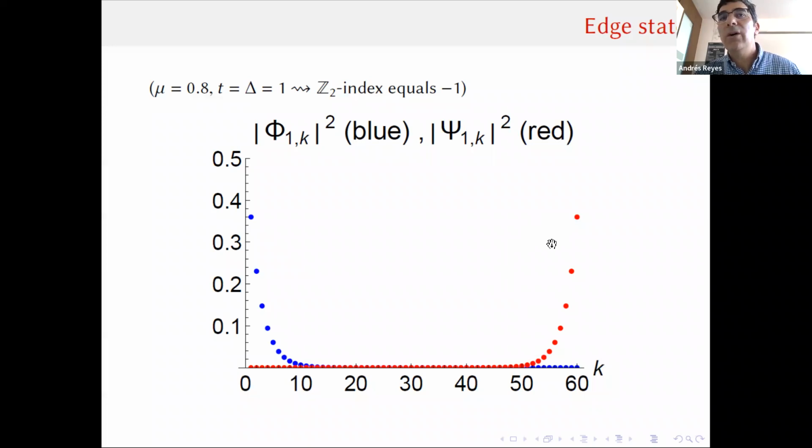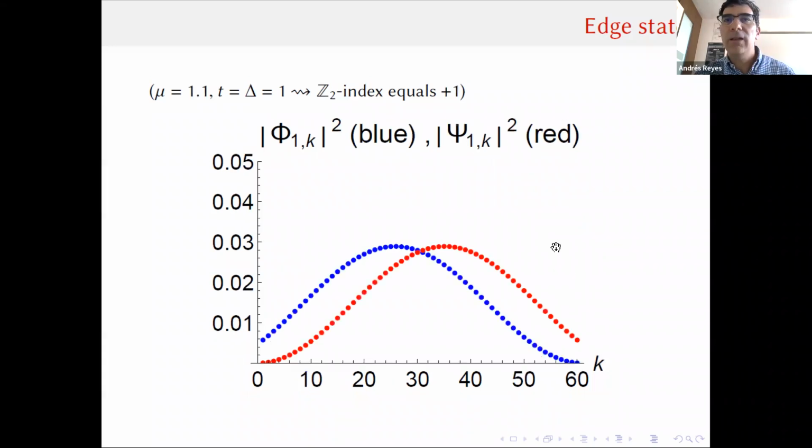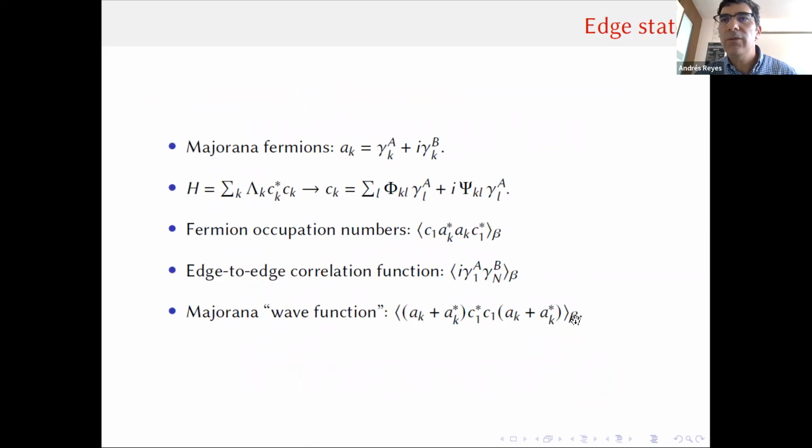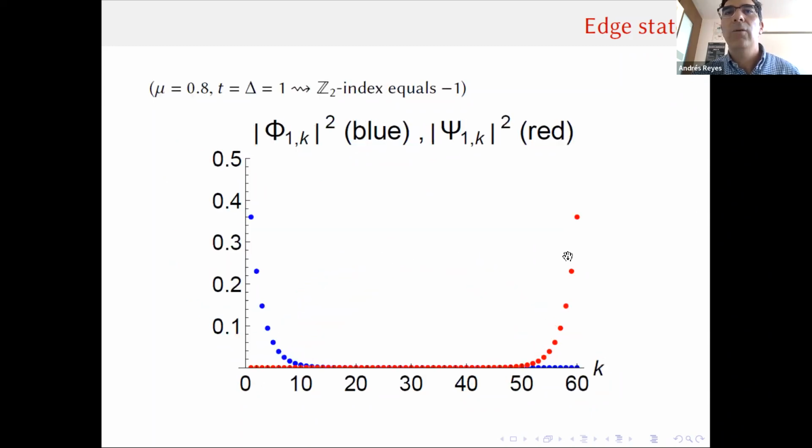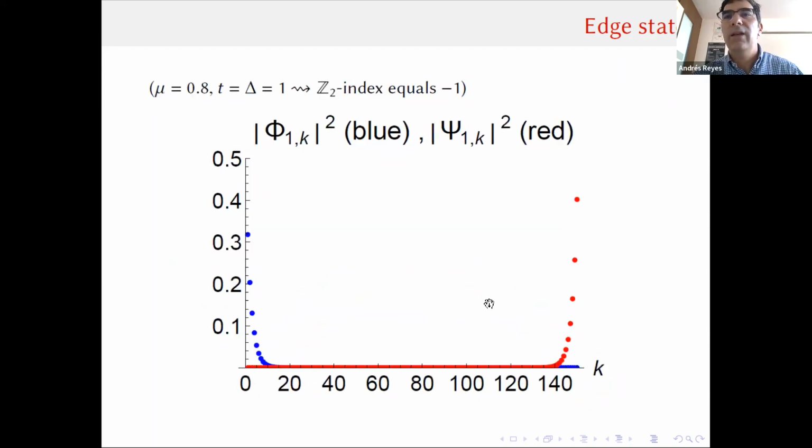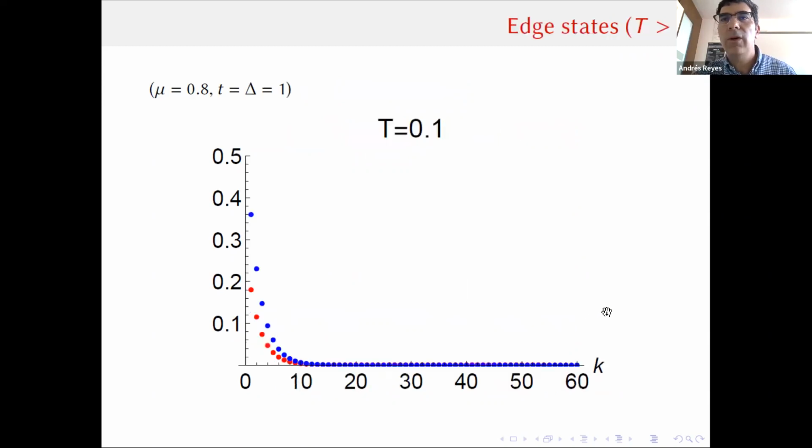So what I want to do now is to see what happens if I still work with this correlation function, but now I compute not the ground state correlation function, but the thermal expectation value. If I keep increasing the number of sites, of course, the states get more and more localized. So if I start increasing temperature, you will see a behavior of this type.